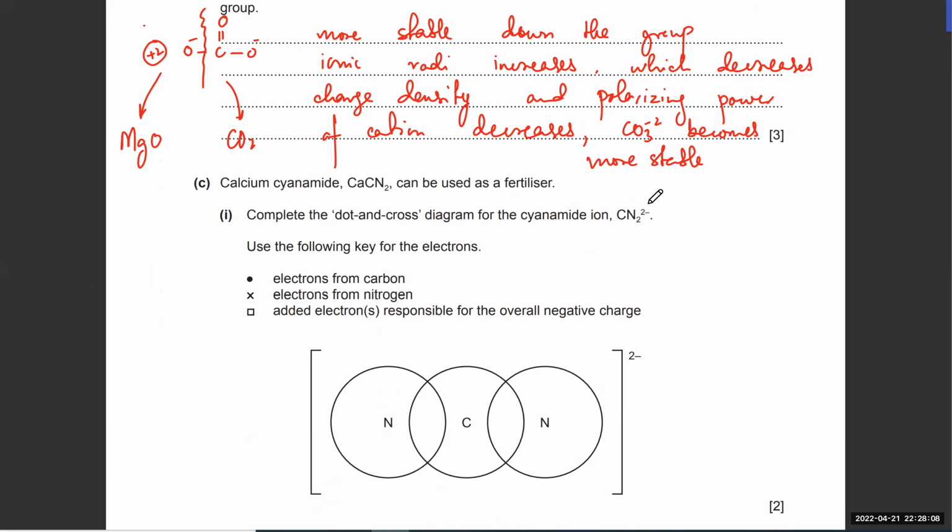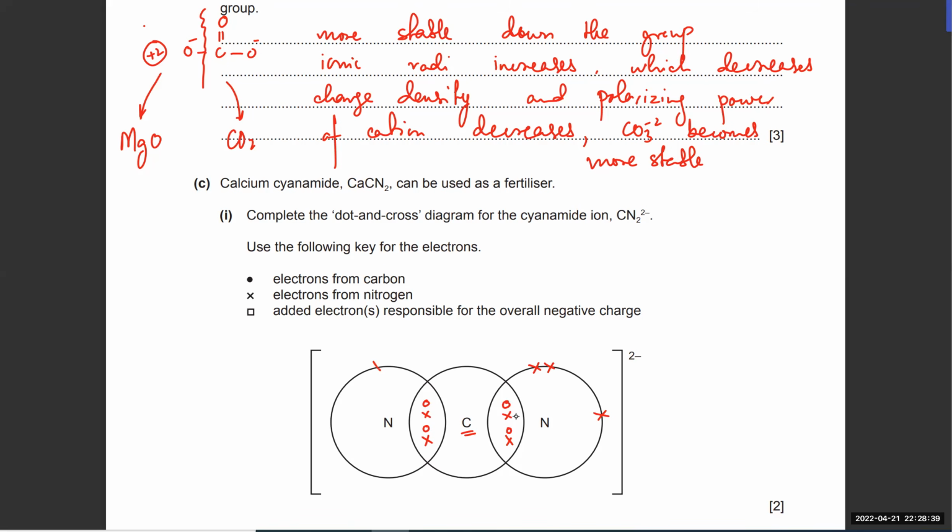Now this one, CN2 2-. We know that carbon makes 4 bonds, so carbon is going to make a double bond on this side and another double bond on the other side. So carbon has its 8 electrons. Nitrogen has a total of 5 electrons. Right now, 2 of them are being shared, so 3 electrons are left.